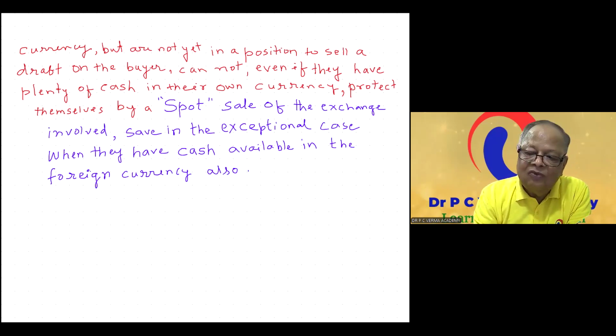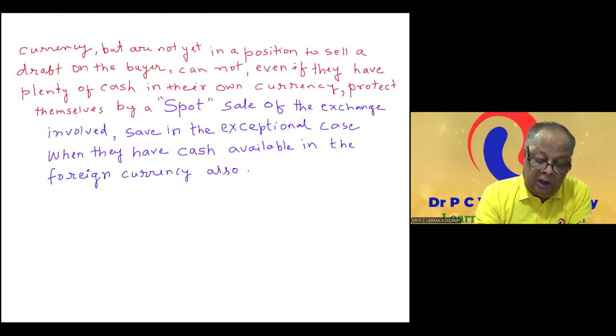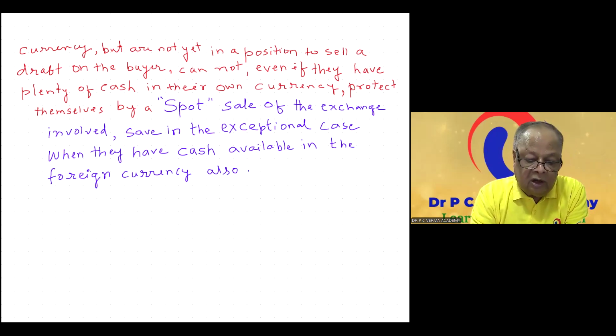So it is often said that a forward contract is for the conclusion of a spot transaction in exchange at a later date fixed on the basis of the spot rate prevailing at the original date. The date which was decided during the forward contract, that will prevail on the spot rate prevailing then.